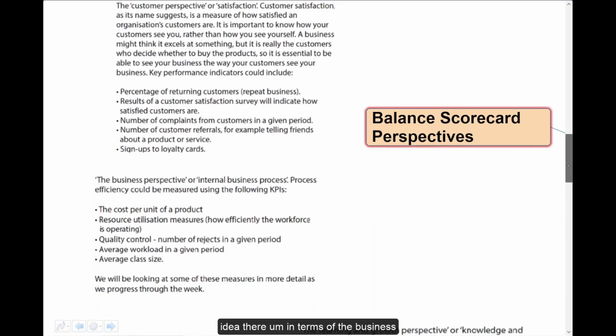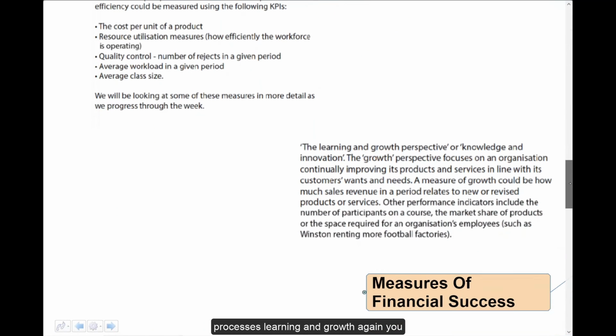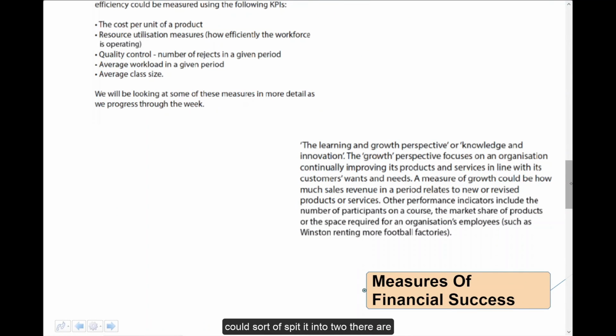In terms of the business perspective or internal business processes, we're really talking about process efficiency, aren't we? So, things like quality, things like cost per unit, utilization of resources, etc., etc. A business is about processes. Absolutely. We need to have efficient processes. Learning and growth, again, you could split it into two.